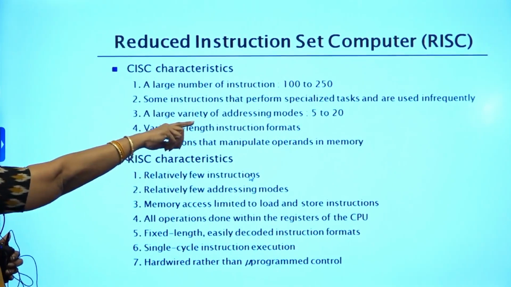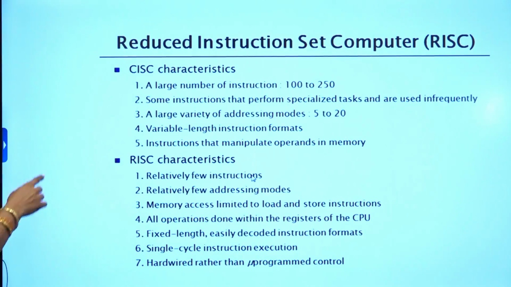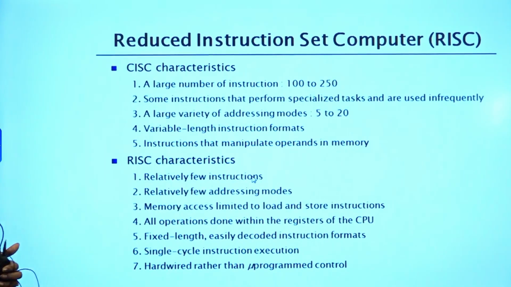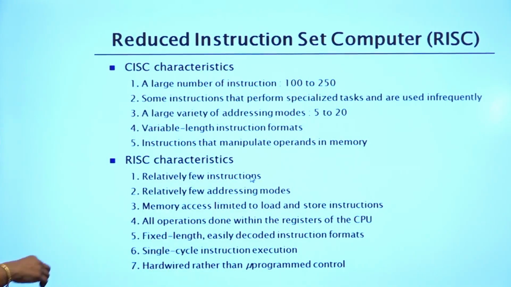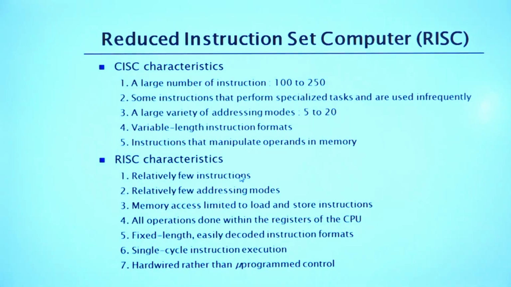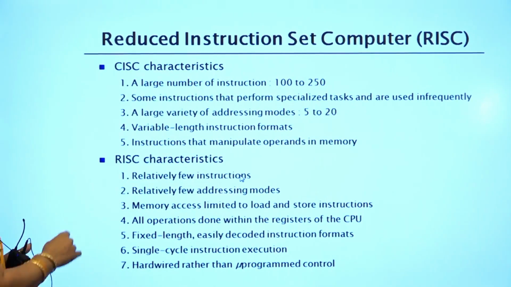Some instructions perform specialized tasks and are used infrequently in CISC. Here relatively few addressing modes are used in RISC. A large variety of addressing modes are used, 5 to 20 maximum, in CISC, whereas here relatively few addressing modes are used.